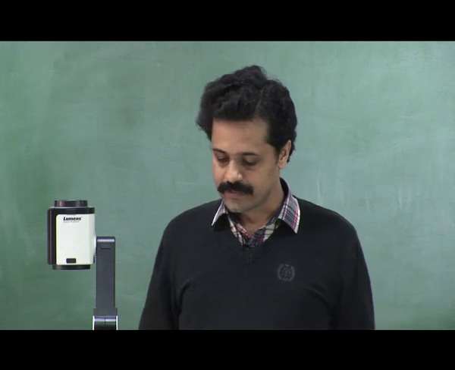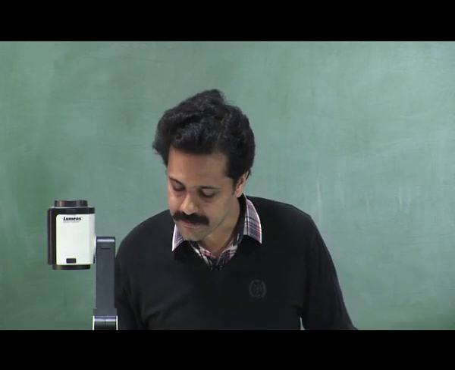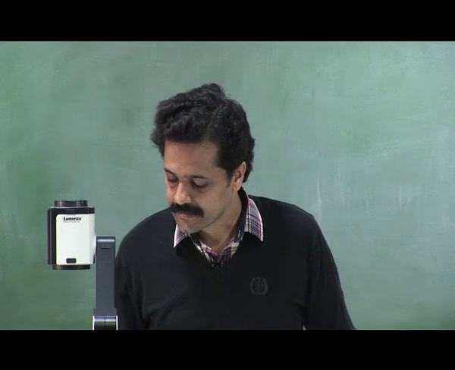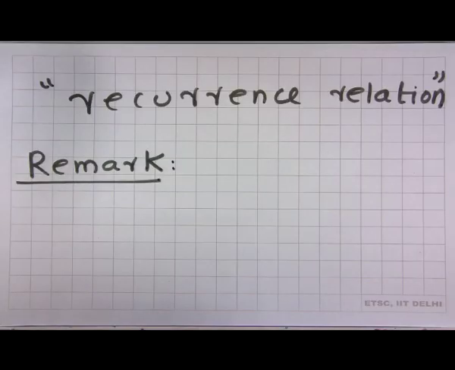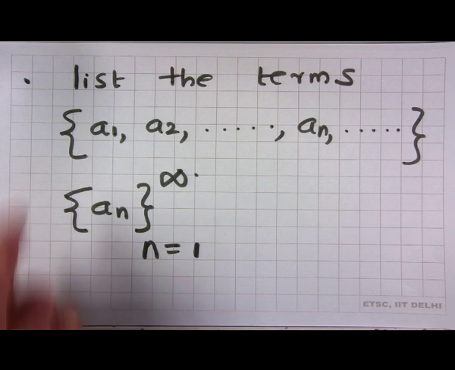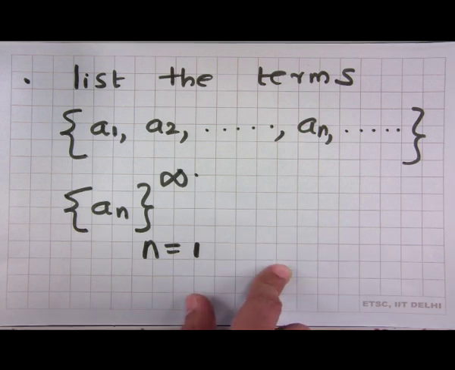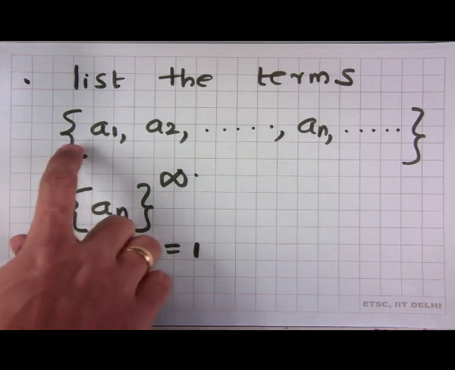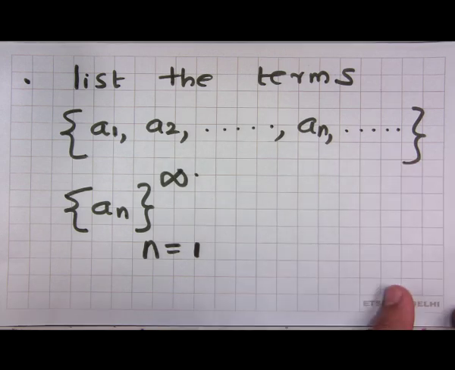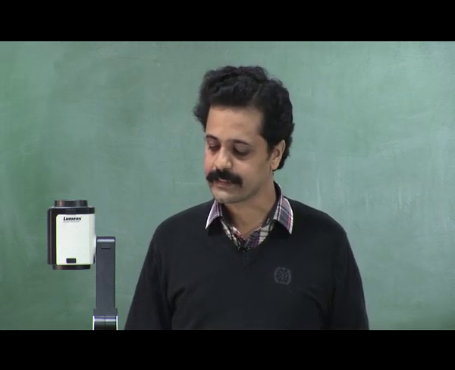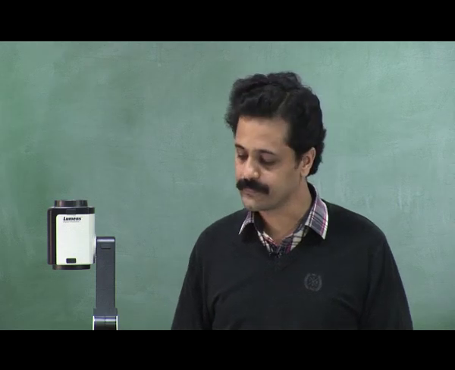At this juncture, I should make a remark concerning the notation of a sequence using set. As I told previously, a sequence can be described inside a set like A1, A2, A3 and so on, An. But it should be borne in mind that a sequence is different from a set.